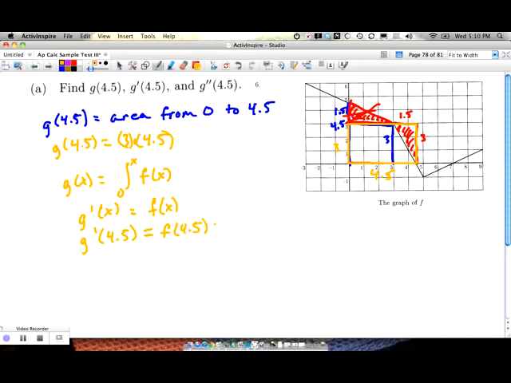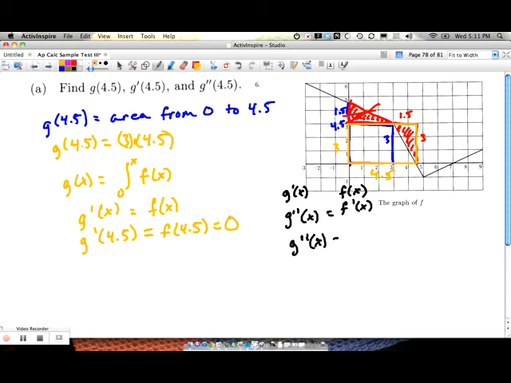Now, similarly, not exactly the same, but similarly, when I'm looking at g double prime of x, how do I get from g prime to g double prime of x? That's like going from f of x and just going down one level in derivatives, to f prime of x. So g double prime of x is f prime of x, which is equal to the slope of f.